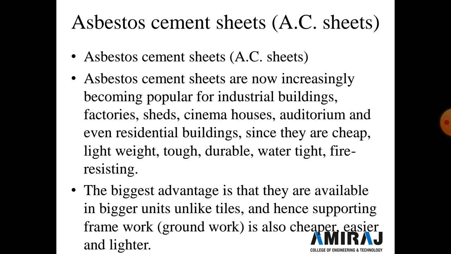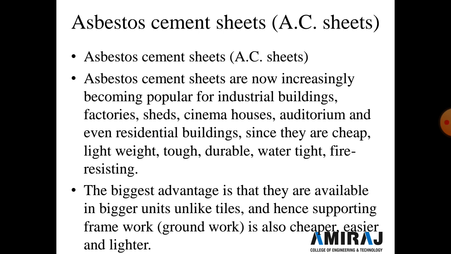Now the next type of roofing material is asbestos cement sheets. AC sheets have now increasingly become popular for industrial buildings, factory sheds, cinema houses and auditoriums, even in residential buildings, since they are cheap, light in weight, tough, durable, watertight and fire resisting.